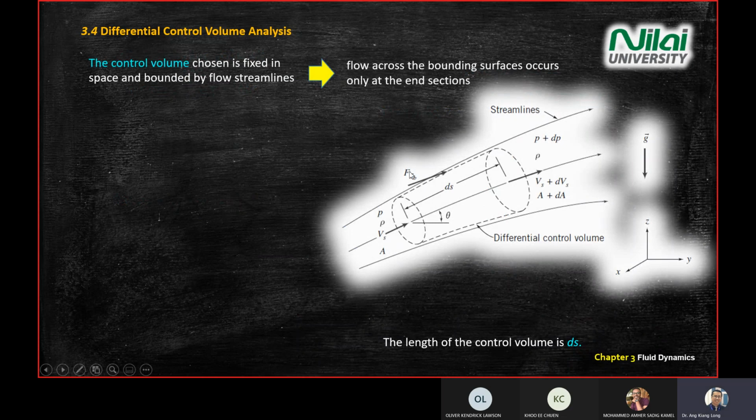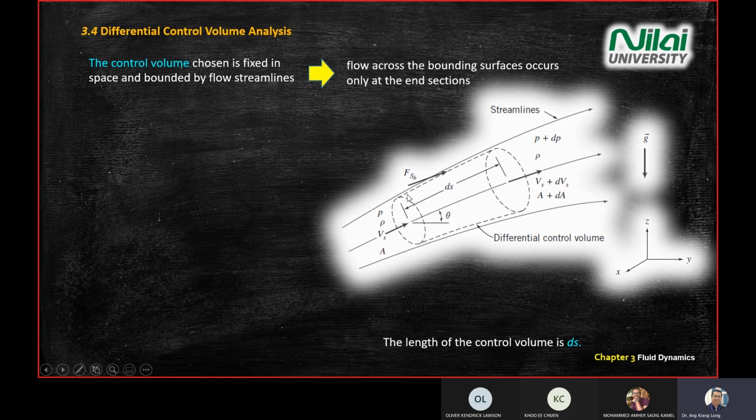There's a reason why we choose the differential control volume like this. It is because we want to study that the flow across the bounding surface only happens at the end sections, which is here.